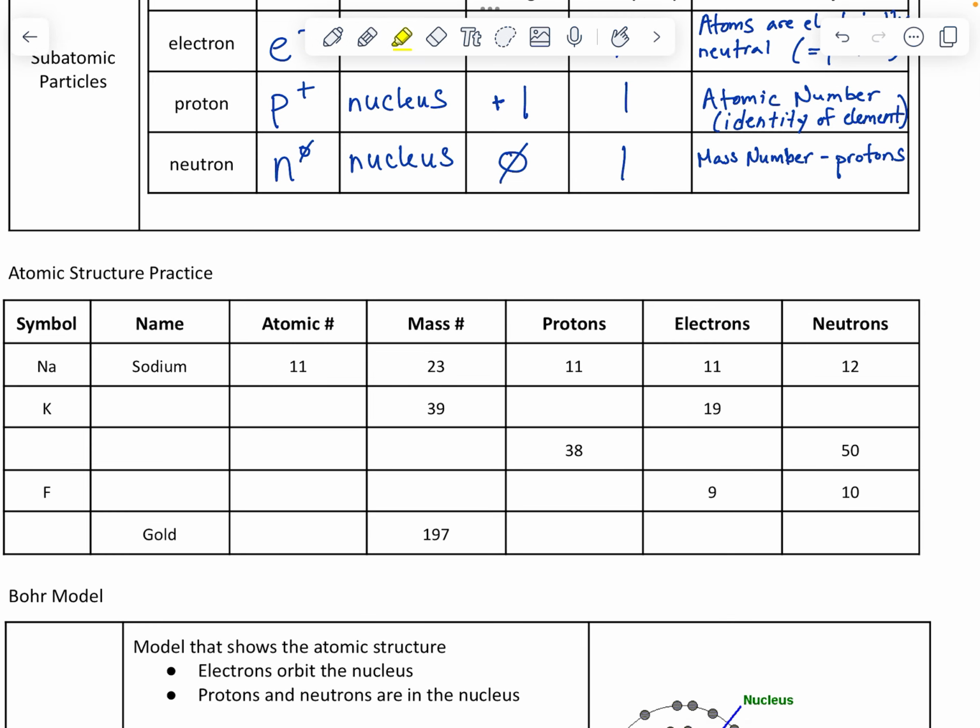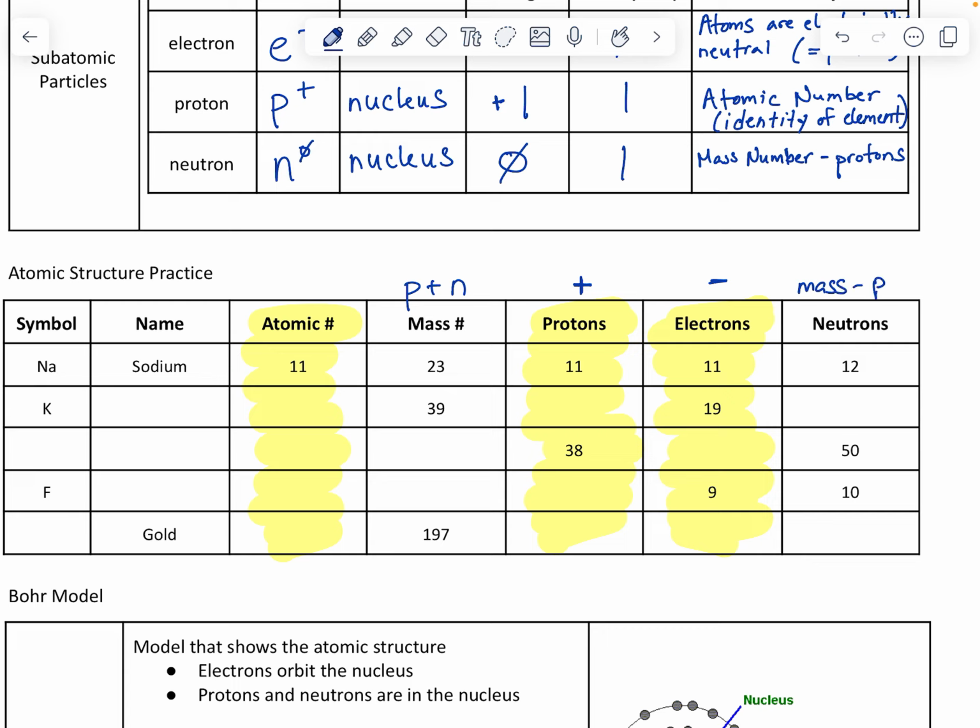We know that the atomic number, the protons, and in neutral atoms, the electrons should all be the same value. So atomic number, we said, was the number of protons. That's the identification. So we can put that they are positive, electrons are negative. The mass is protons plus neutrons, and the neutrons is the mass minus the protons.